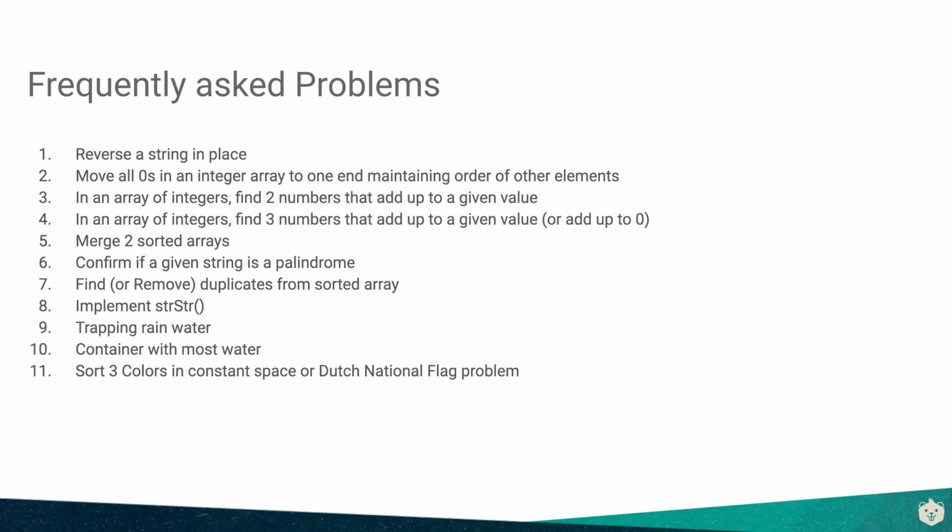Merge two sorted arrays, confirm if a given string is a palindrome, find or remove duplicates from a sorted array, implementing the strStr problem, trapping rainwater and container with most water are standard problems. Then there is the Dutch national flag problem, which is also related to this.